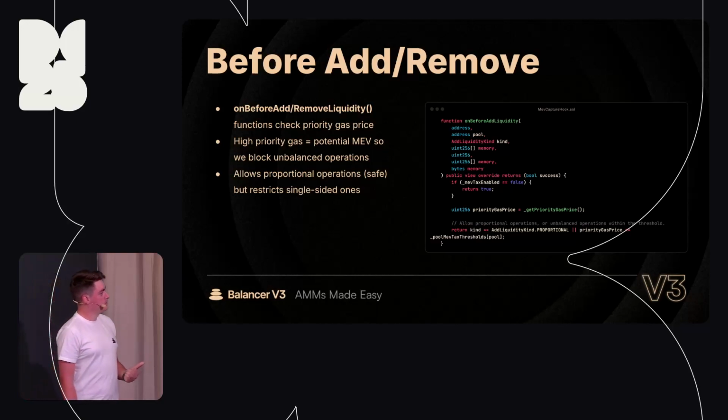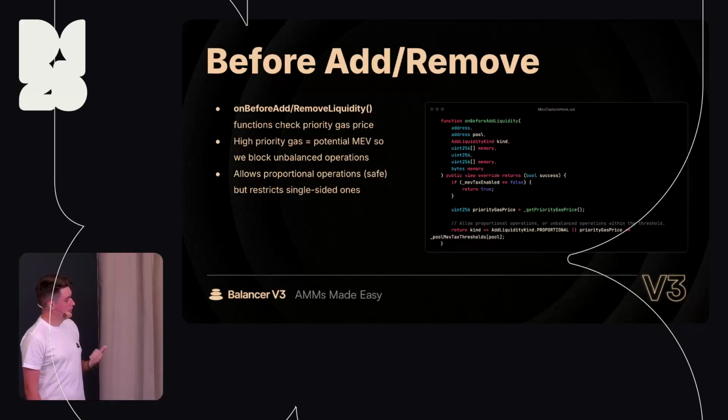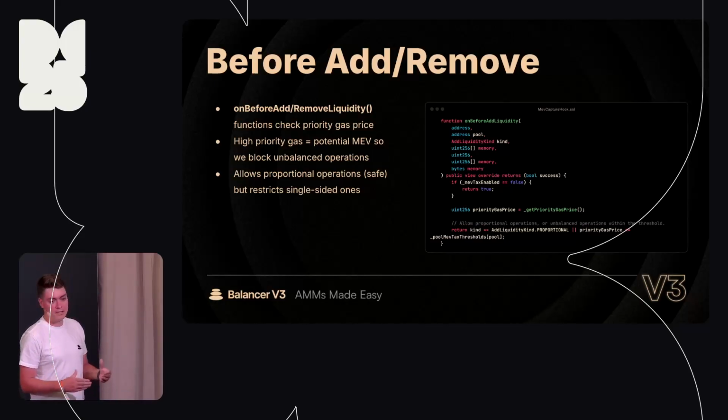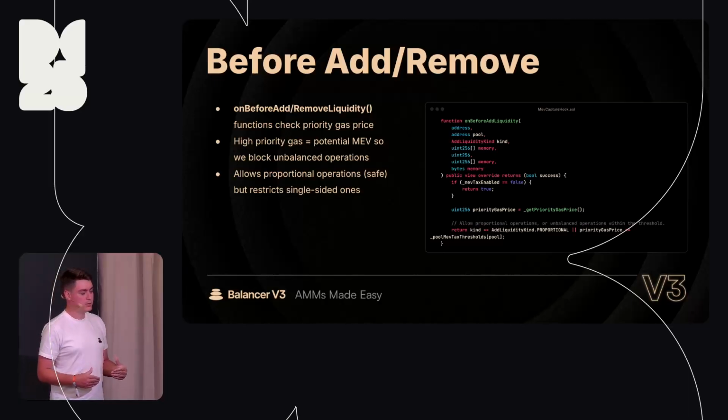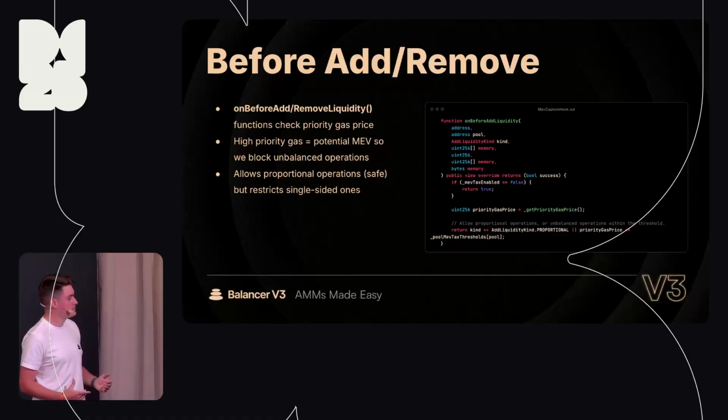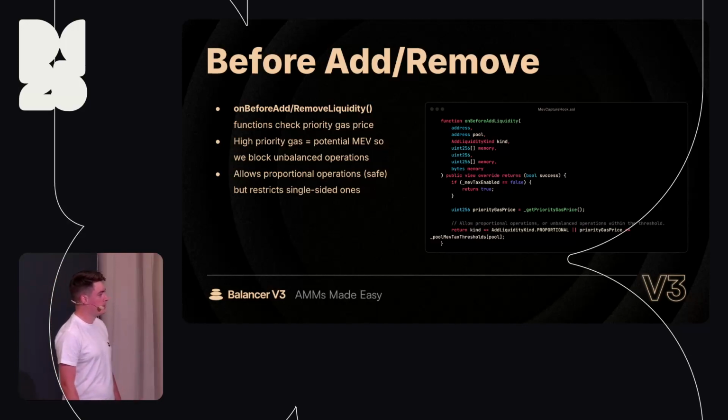You might be wondering why we need the before add and remove hook, and that's actually needed because that operation can behave like a swap, because at Balancer V3, you can do unbalanced operations. So I can single side join a pool and single side exit that same pool. That's pretty much a swap, and we have to protect against that case. So that's the reason we have this before add and remove.